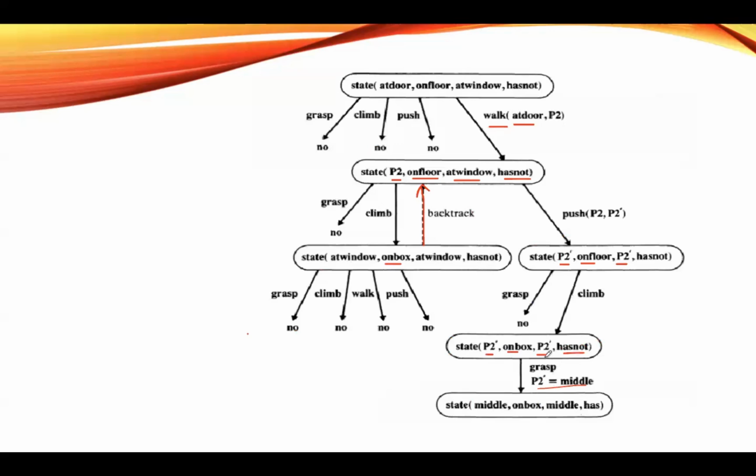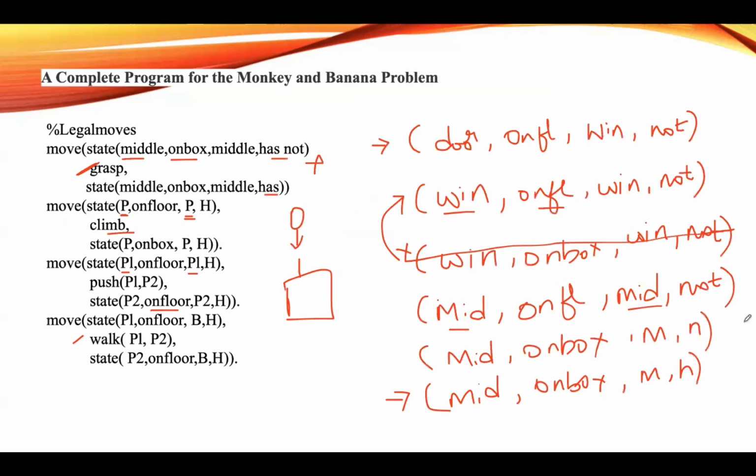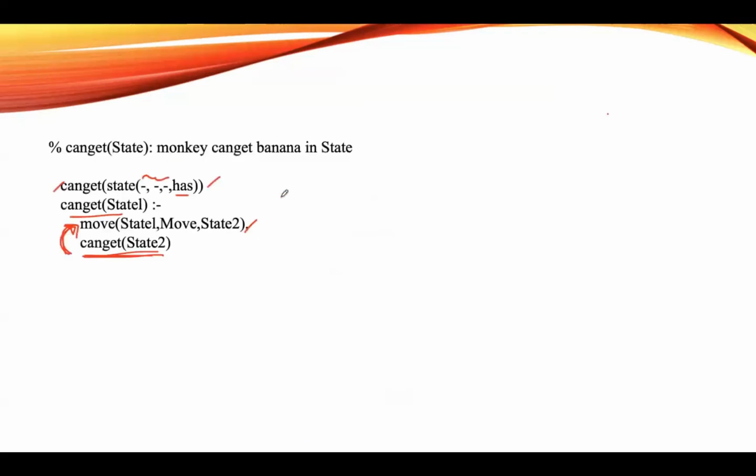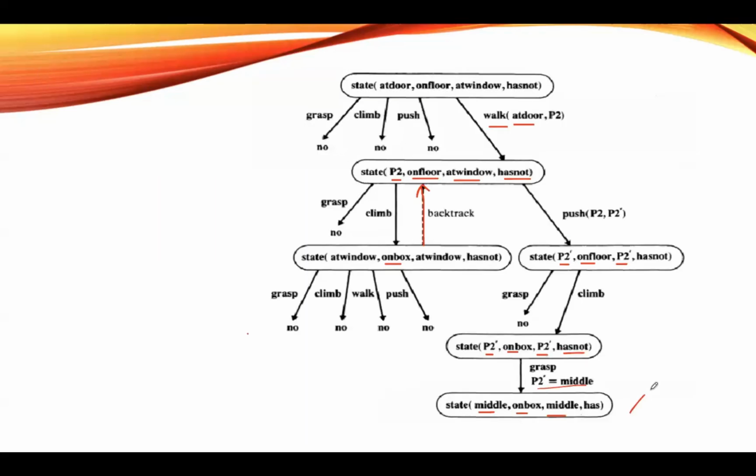After this, execute this grasp move, and now the monkey is at the middle and it is on the box. The box is at the middle. So after executing this grasp, the monkey is having the banana. So has not is changed to has. So this is our final state.